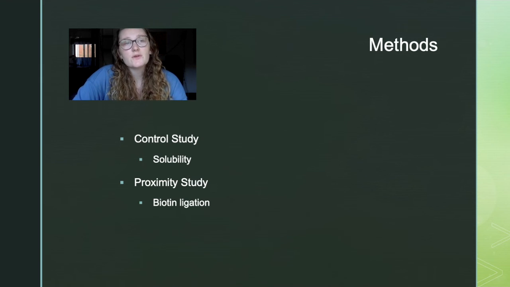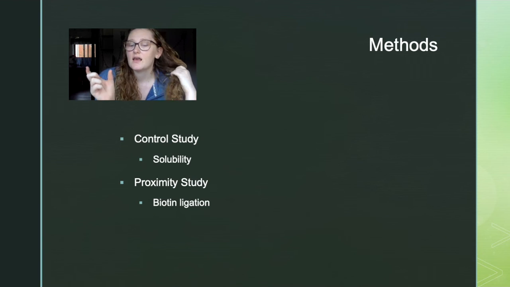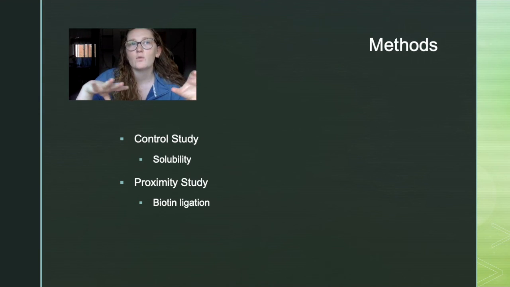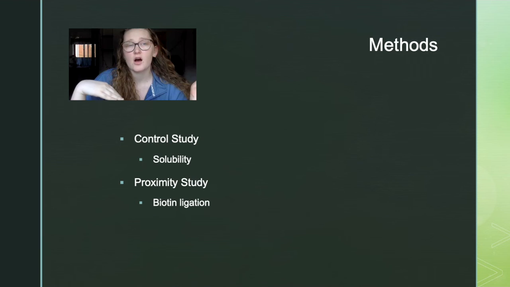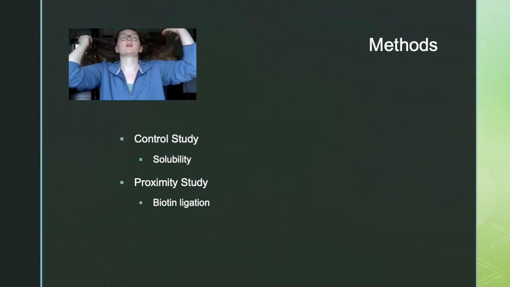But once we're able to do that, we're doing a proximity study, where basically what we've done is we've taken our protein GD star and we've added a little tag on the end. And what that tag does is it causes this other protein called biotin to bind to anything within 10 nanometers of GD star. And so that means that anything around GD star, when it's aggregating or not, is going to have biotin on it.